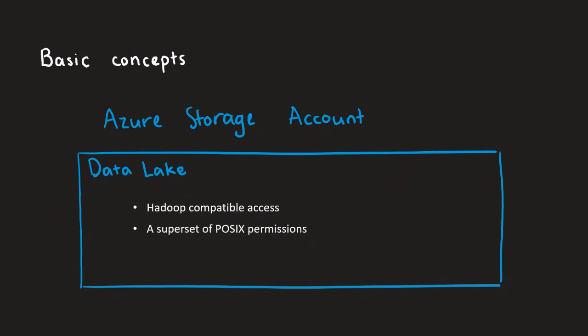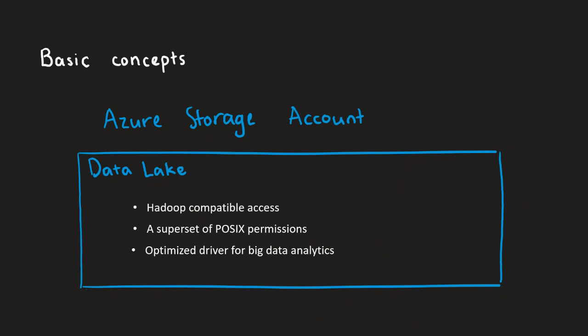As well, we also have POSIX permissions, which we do not have for the Azure Blob storage. So we have a little more granularity in how we define access control: which users or software can access what part of the data lake. So this is what the POSIX permissions are doing, giving specific permissions to do something to the files or directories or else. We'll get to that in more detail in a bit as well.